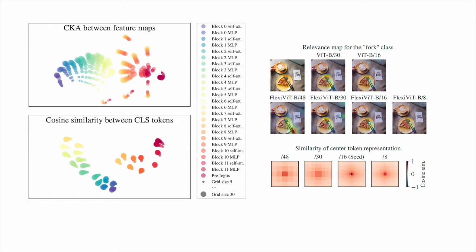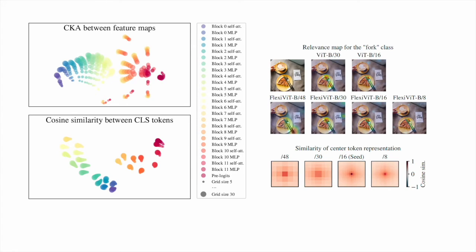We see the dots of different size but same color clustered together, indicating that FlexiViT handles the different patch sizes similarly. However, this trend goes only until block 6. Beyond that, we see the representations diverge for the different grid sizes. At the end, or toward the deeper blocks, we can see that the representations converge again for the different patch sizes.